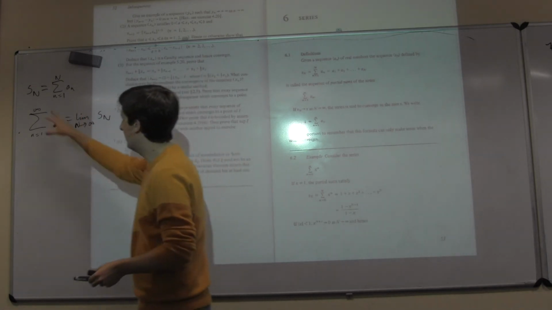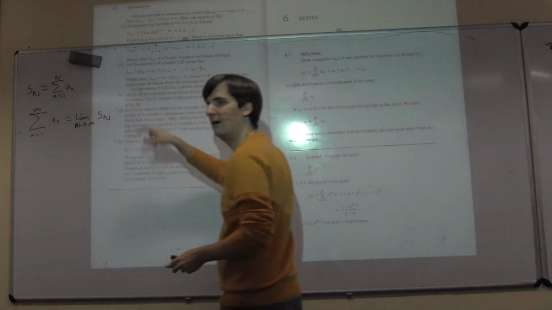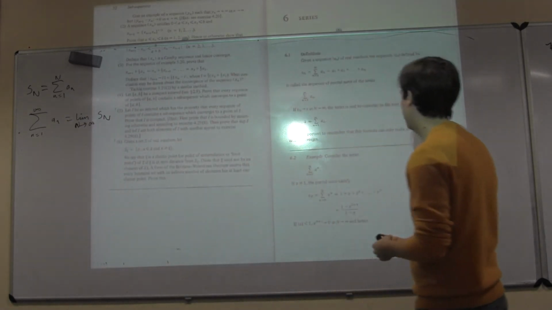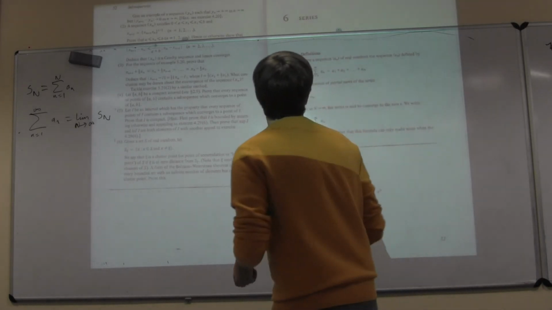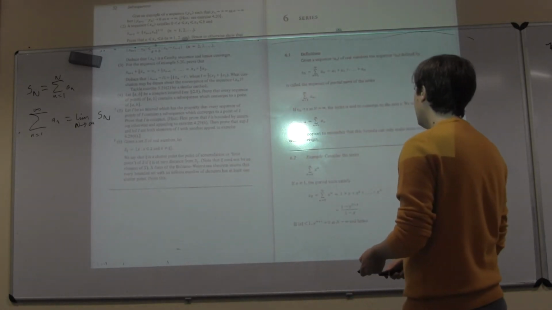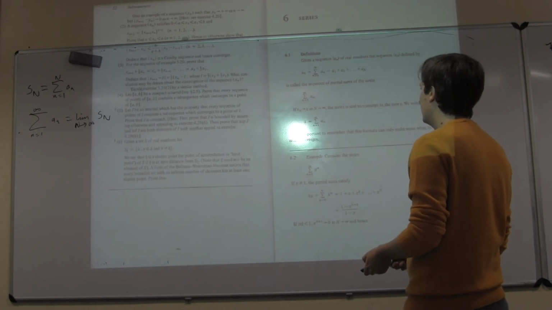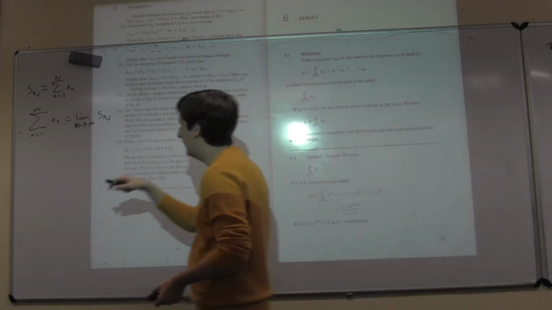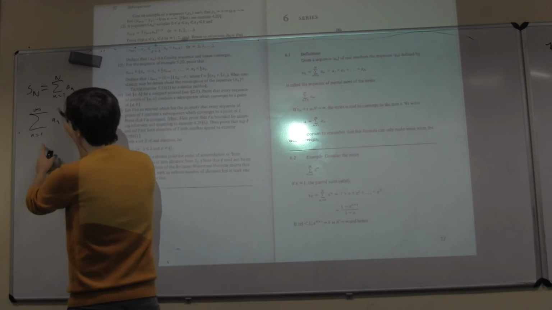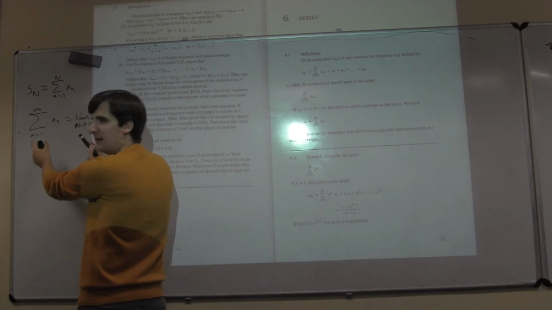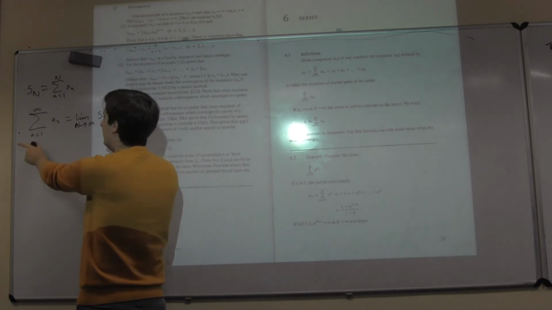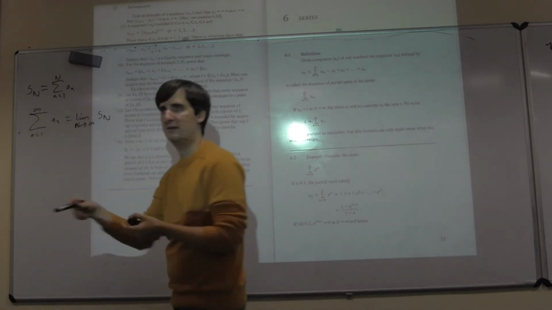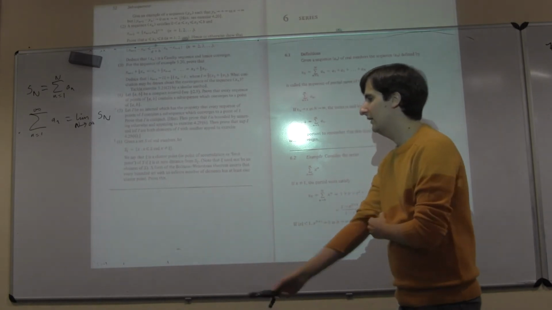So this infinite sum is just a shorthand for a limit of the partial sums. This expression only has any meaning when this limit converges. If the limit doesn't converge, then the sum doesn't exist.